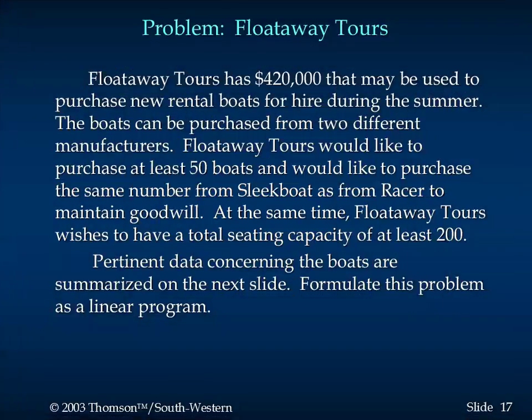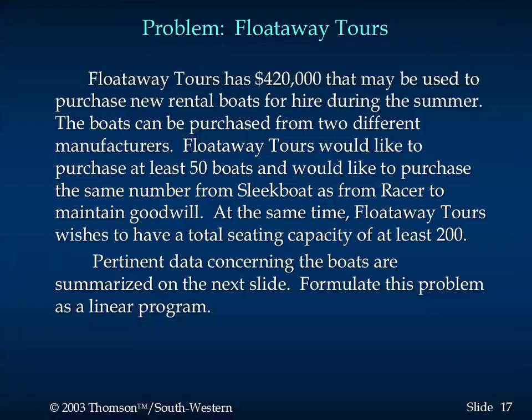Okay, here's another interesting problem. Floataway Tours has 4,20,000 that may be used to purchase new rental boats for hire during the summer. The boats can be purchased from 2 different manufacturers.